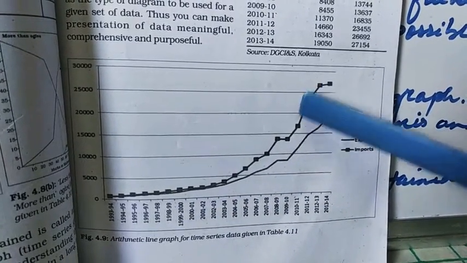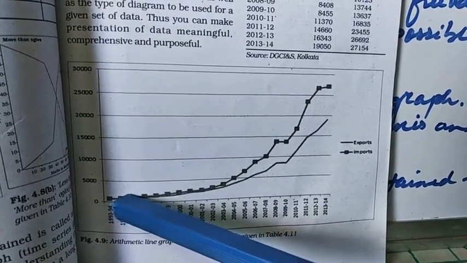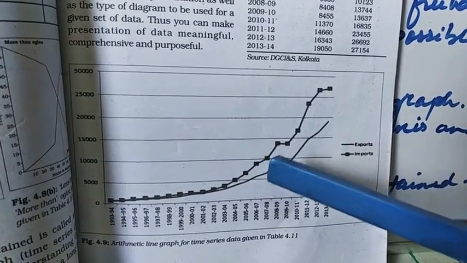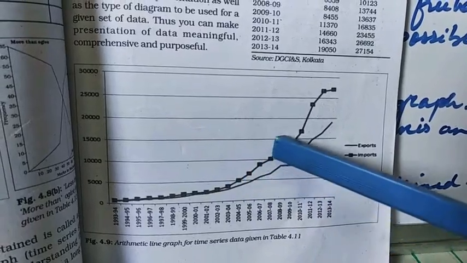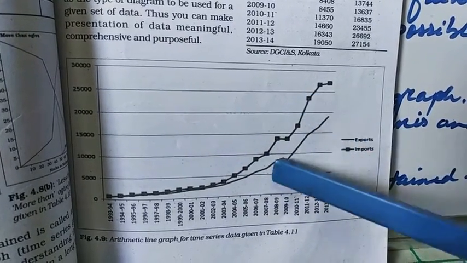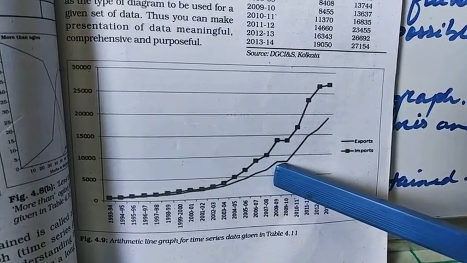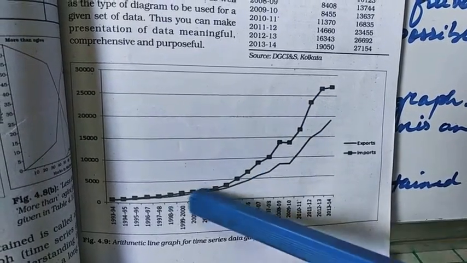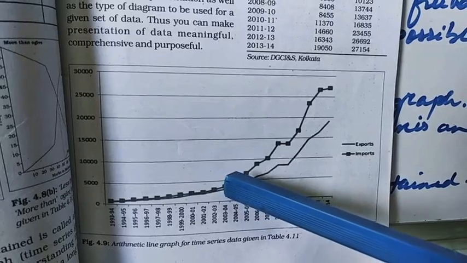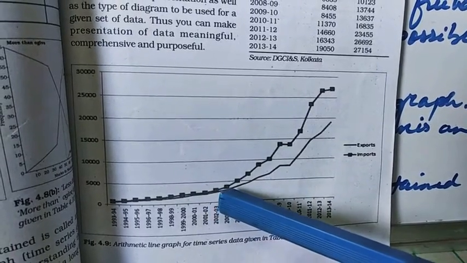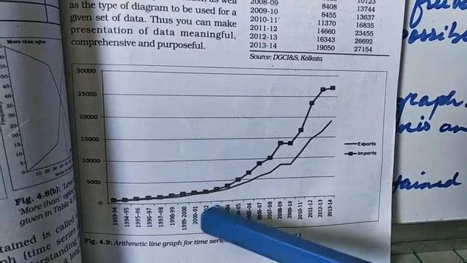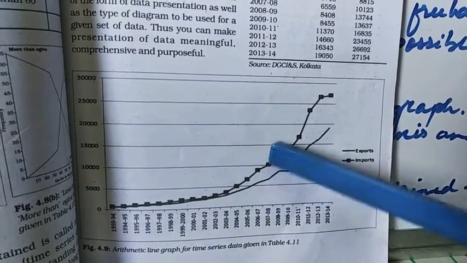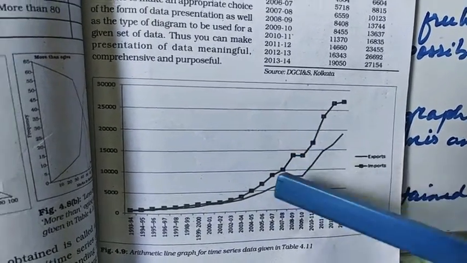By just looking at this graph, we can explain what is happening here: exports are much lesser than imports all throughout, and the levels of imports and exports keep increasing rapidly after 2001 and 2002. This is the information that we get from the arithmetic line graph.